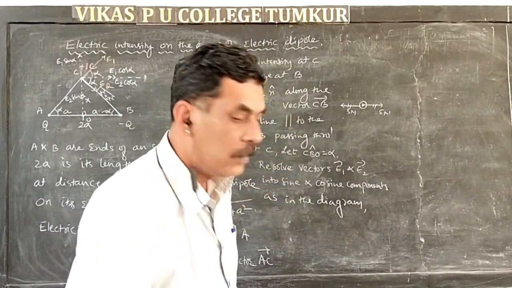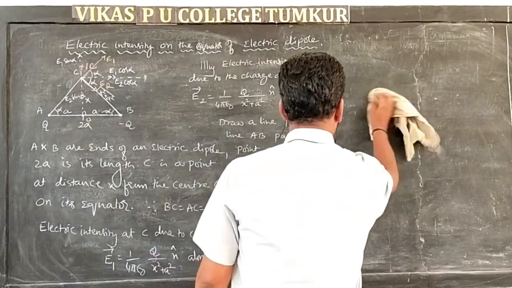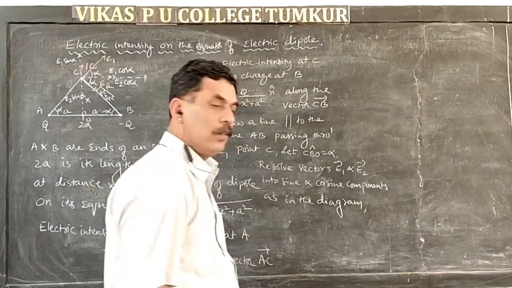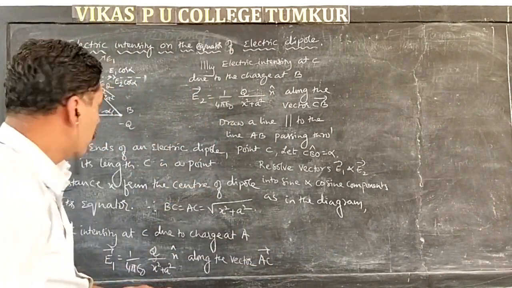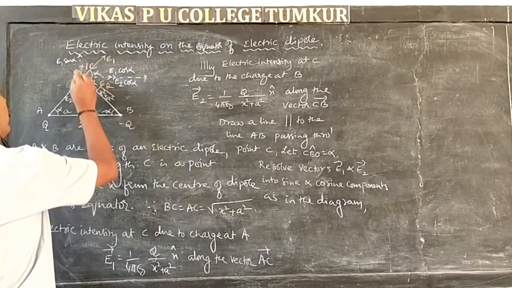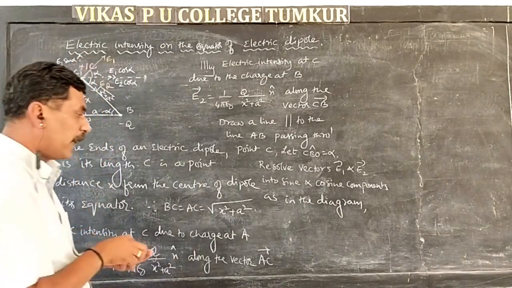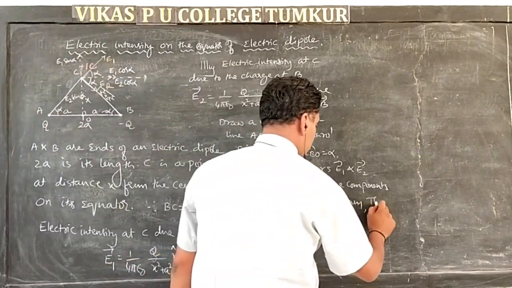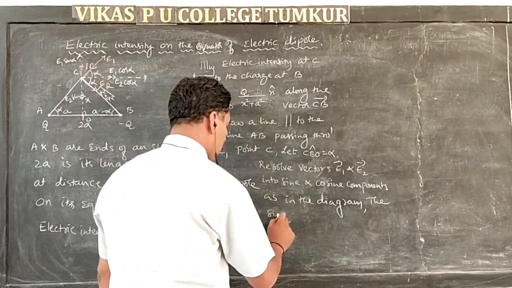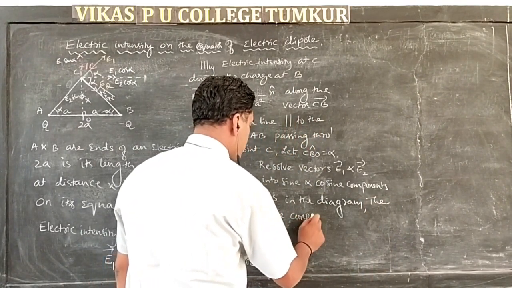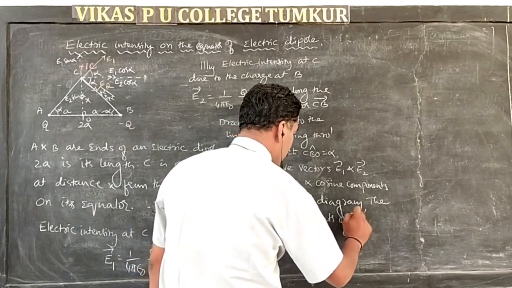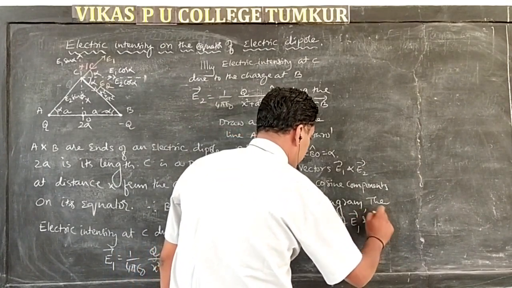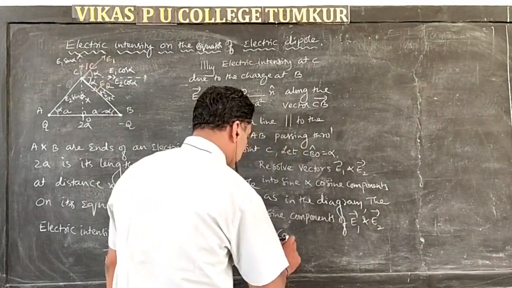Similarly, the sine component of E1 and the sine component of E2 get cancelled because they are mutually opposite. So the sine components of vector E1 and vector E2 cancel each other.